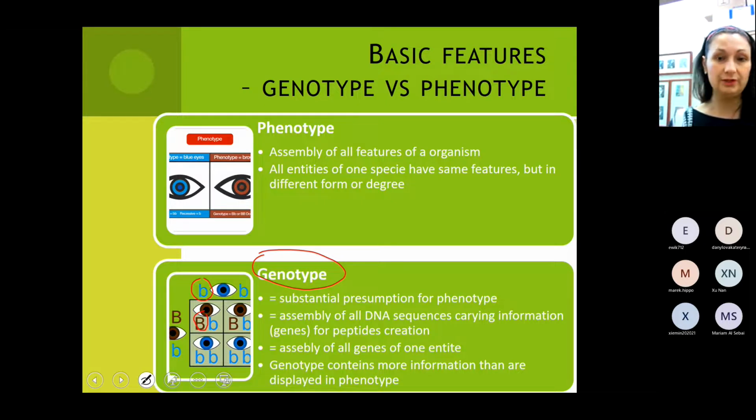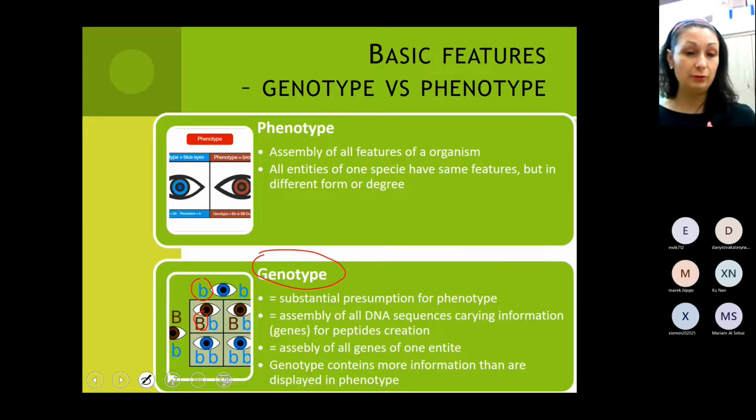So this is the prescription. This is the genotype. For example, you inherit from your mother B dominant for brown eyes, and from your father b recessive for blue eyes. If you put them together, they interact, and because B for brown eyes is dominant, it overlaps the effect of the allele for blue eyes, and therefore you will have brown eyes.